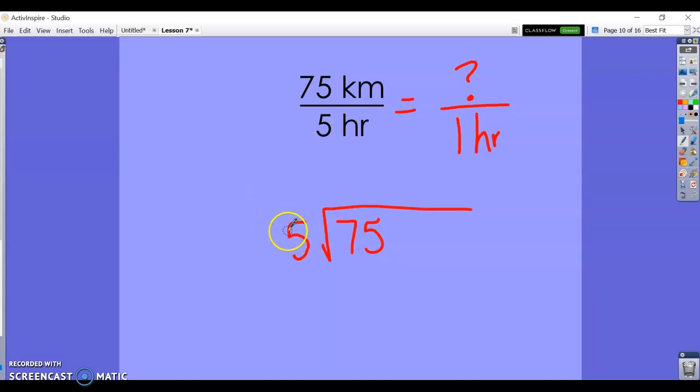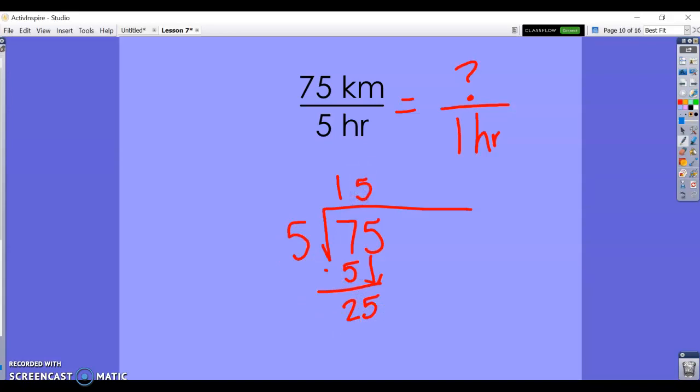I know that 5 goes into 7 one time. 5 times 1 is 5, so I'm going to subtract. 7 minus 5 is 2, and I know that 5 cannot go into 2, so I have to bring down my next digit. That makes my new number 25. 5 goes into 25 5 times.